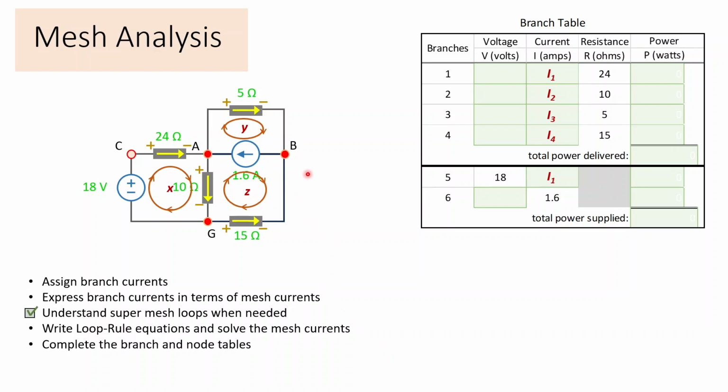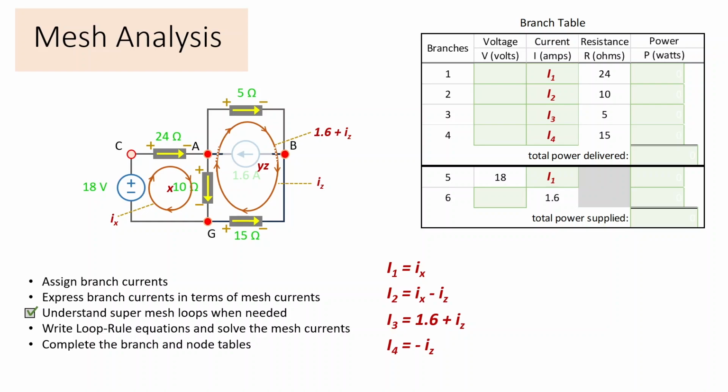Now, a supermesh occurs when a known current is shared by two meshes. So what's a supermesh? Well, it's a union of meshes and shared known currents, right? So mesh Z and mesh Y share a branch with a known current. The union of those meshes and that branch is a supermesh.